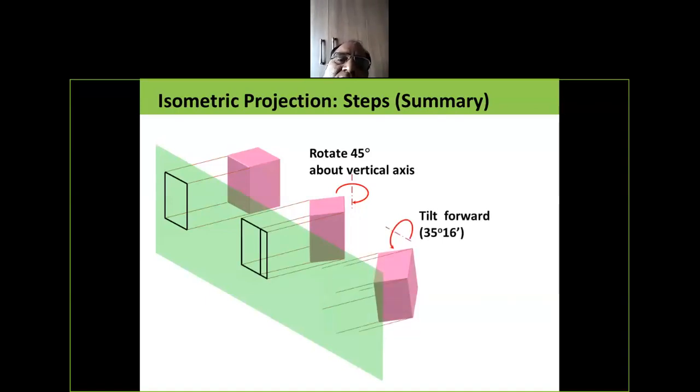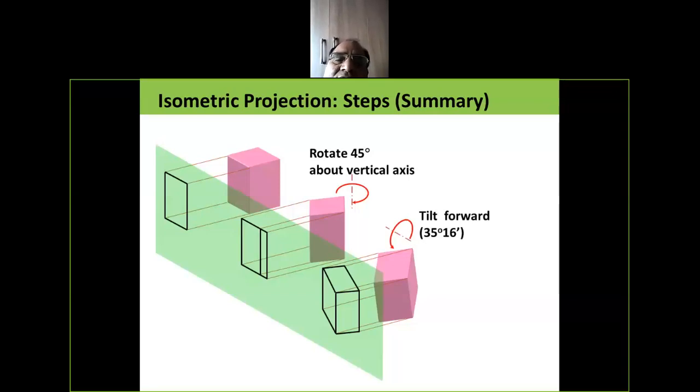Now, therefore, the summary of the isometric projection is: initially we keep the object parallel to the plane, then it is rotated by 45 degrees about the vertical axis, and then it is tilted forward by 35 degrees 16 minutes.